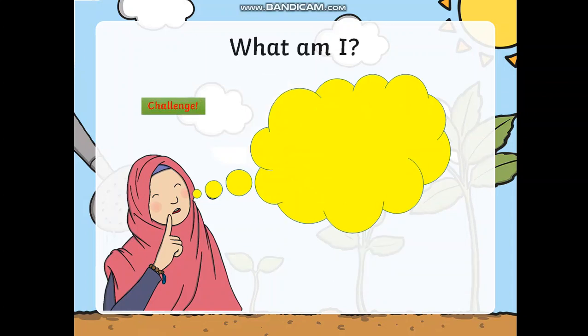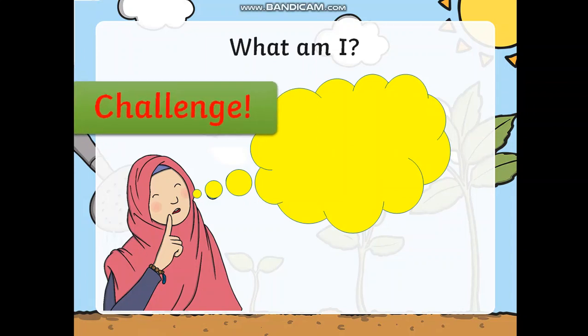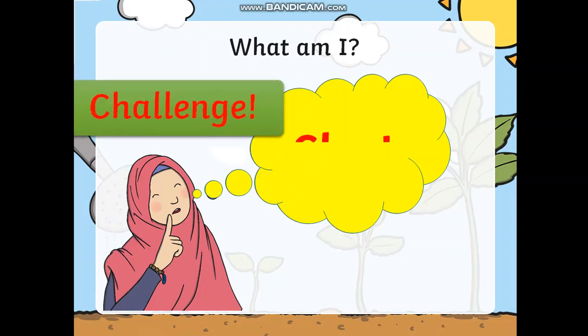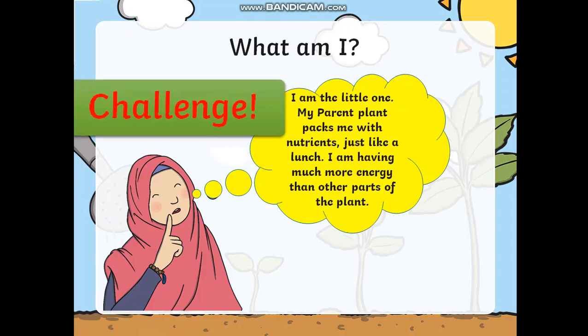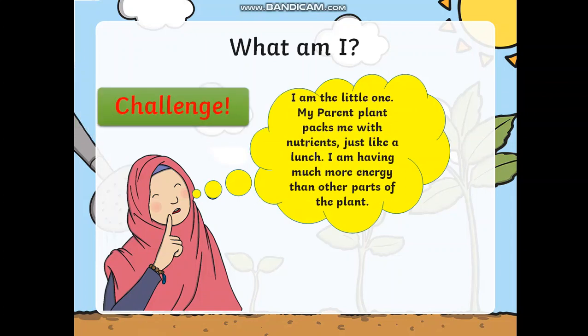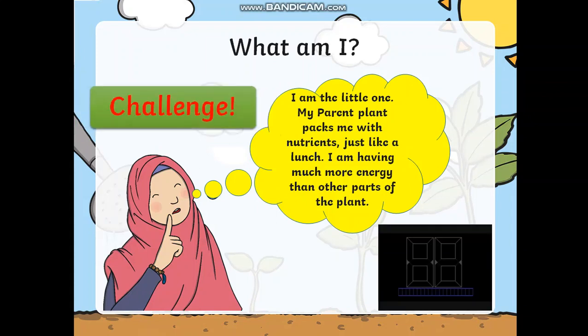Now, this one could be difficult, children. So, listen carefully and think hard. Now, pay attention to the clue. I'm the little one. My parent plant packs me with nutrition, just like a lunch. I have much more energy than other parts of the plant. What am I? I wish you the best of luck. May I have 20 seconds on the clock, please?